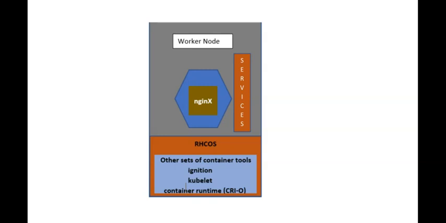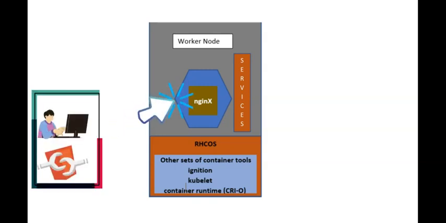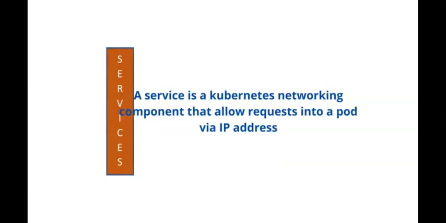Hence, other components or applications that are meant to talk to the pod will not be able to talk to it, because another IP may have been randomly assigned to the pod. So to avoid this problem, Kubernetes and OpenShift use a component called a service.